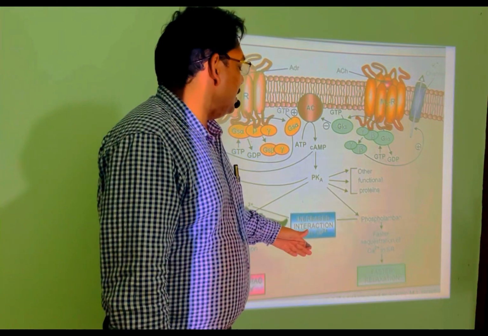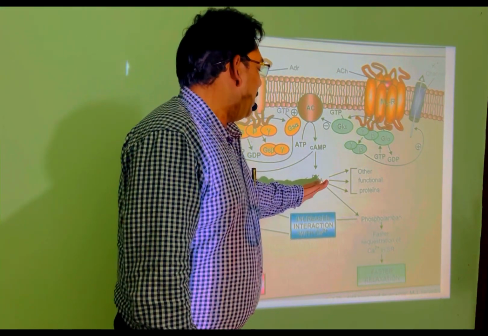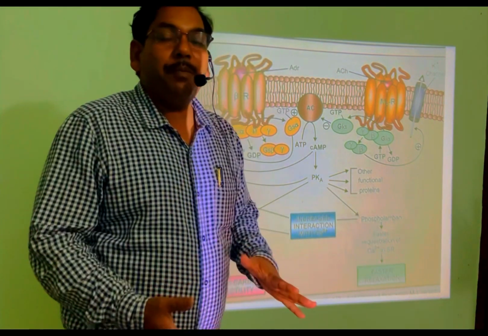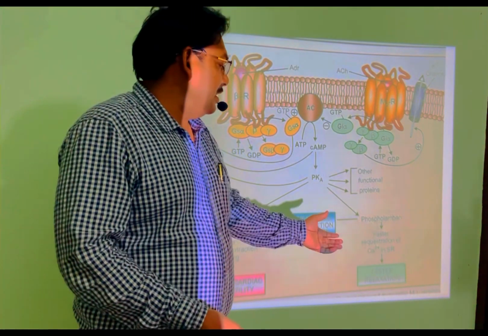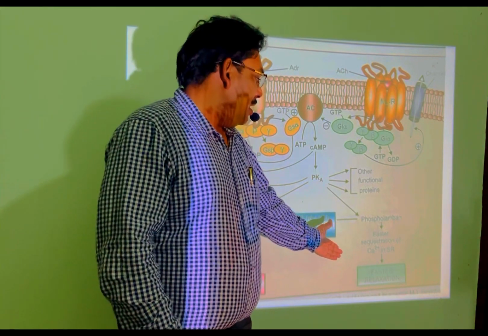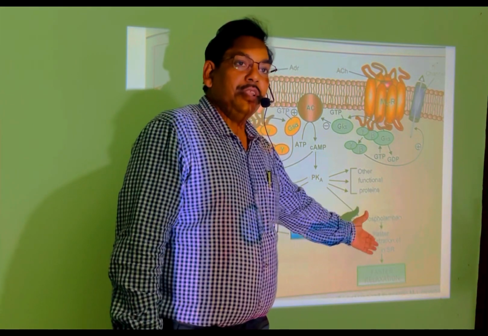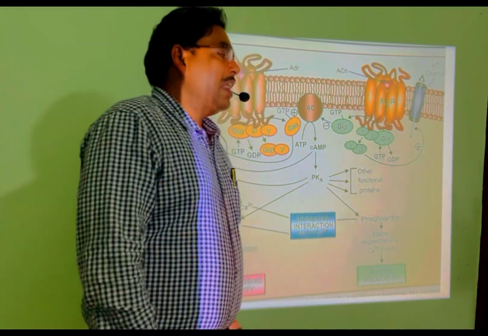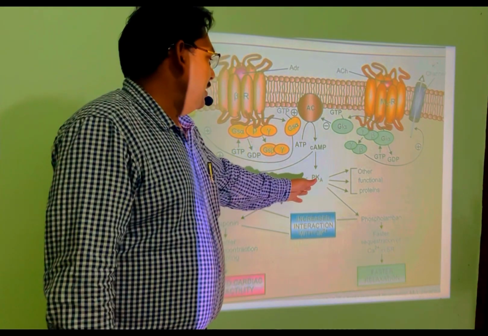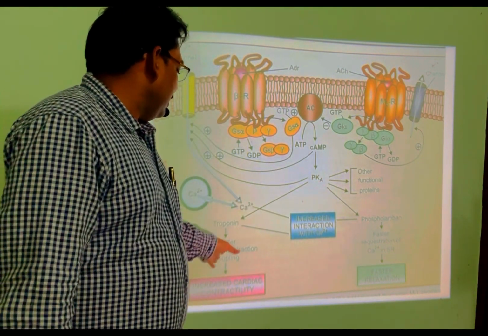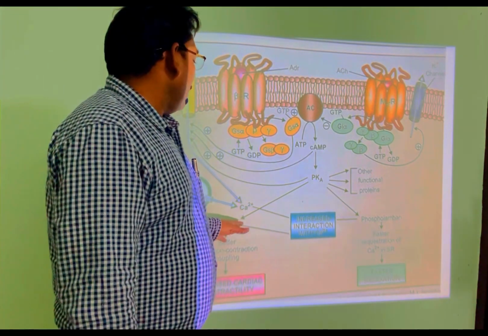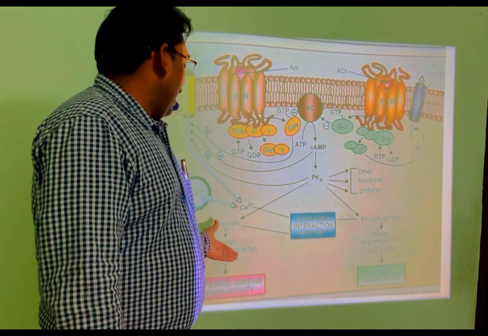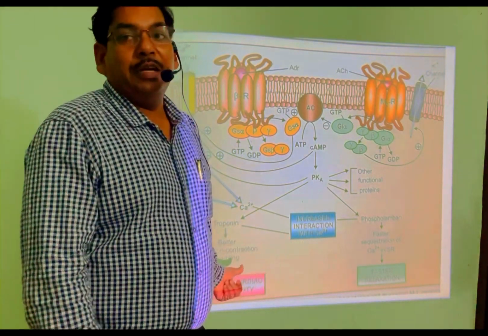After dephosphorylation of the phospholamban protein, calcium ion is released and the smooth muscle contracts, and in the other direction the cardiac muscle relaxes due to the decrease of calcium ion and dephosphorylation of the troponin protein.